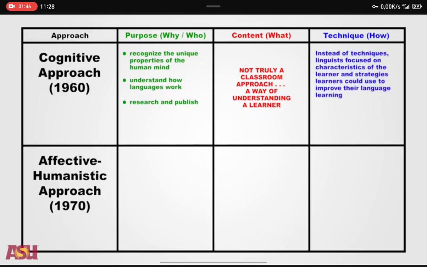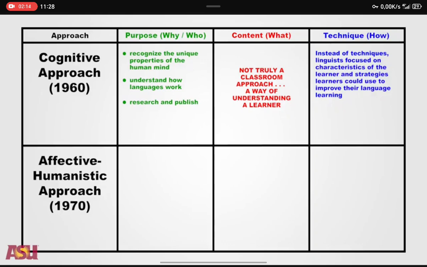People in this approach were more focused on the characteristics of the learner's brains than they were on specific materials or content. Similarly, these researchers did not examine any particular techniques or teaching methods. They focused more on the learner characteristics and strategies learners could use to improve their practice and recall of language information.